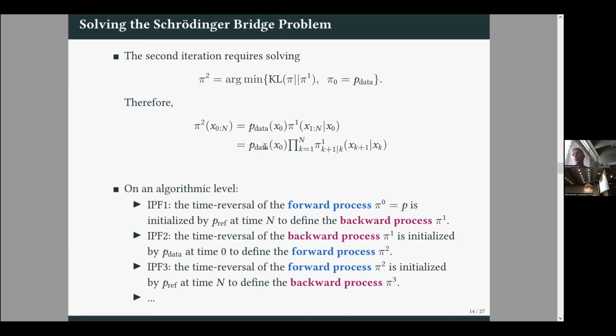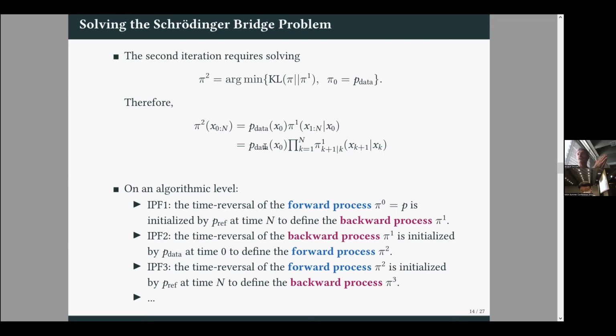So this is a process that starts from the distribution of the data. This forward dynamic, these forward transition kernels, are obtained by time reversing the backward process pi_1 defined in the previous iteration, okay? So that's really the way it works.